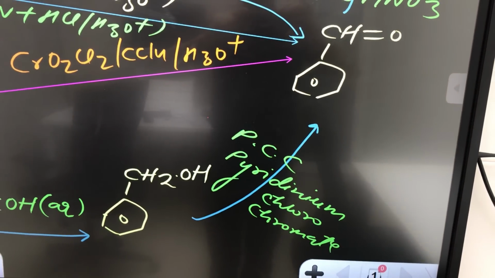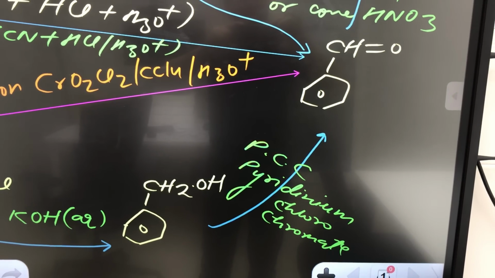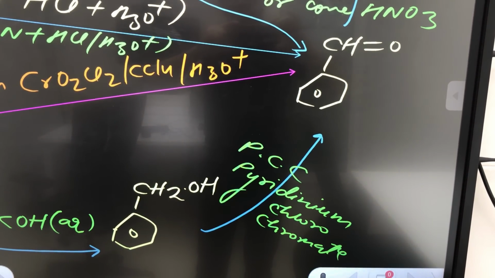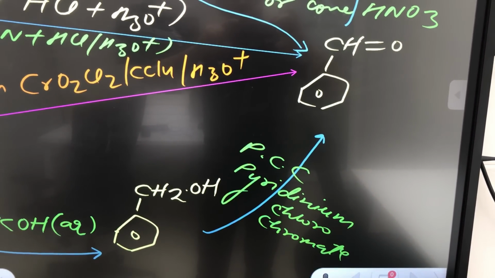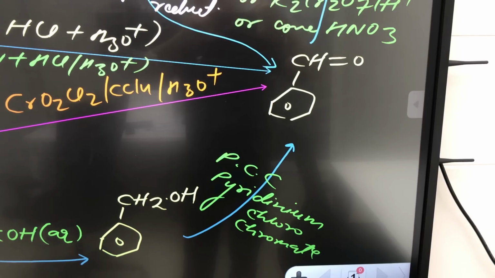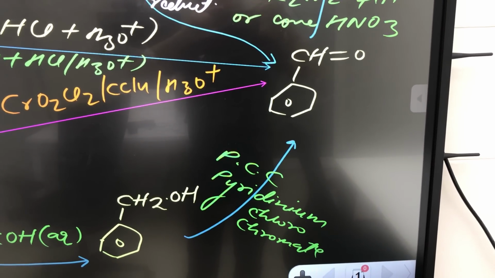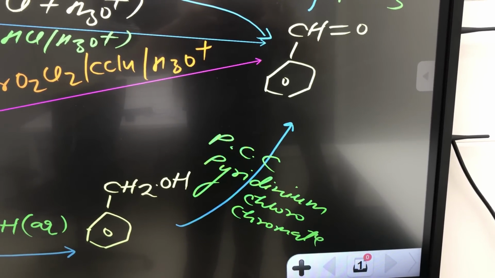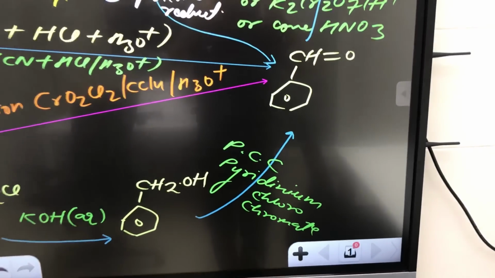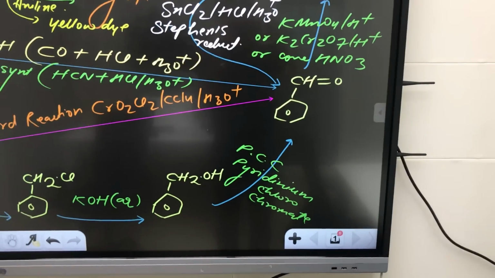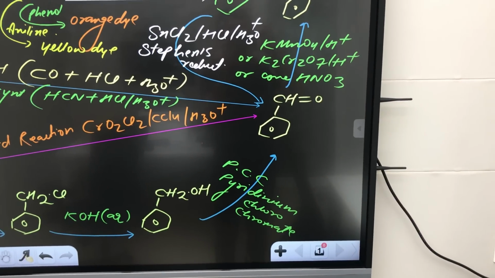In old NCERT it's given on page number 332, and in new NCERT on page number 340. Full form is pyridinium chlorochromate. Definitely this will convert benzyl alcohol to benzaldehyde.